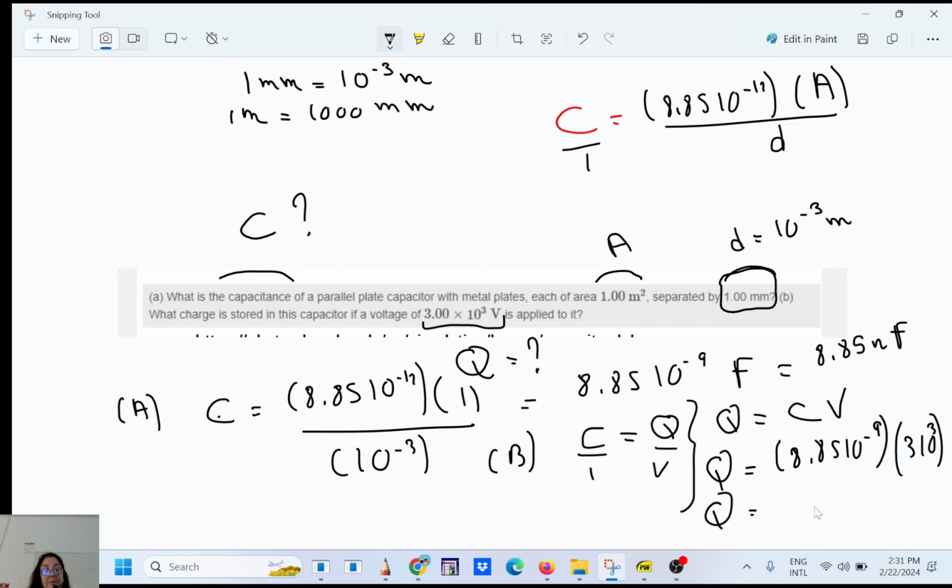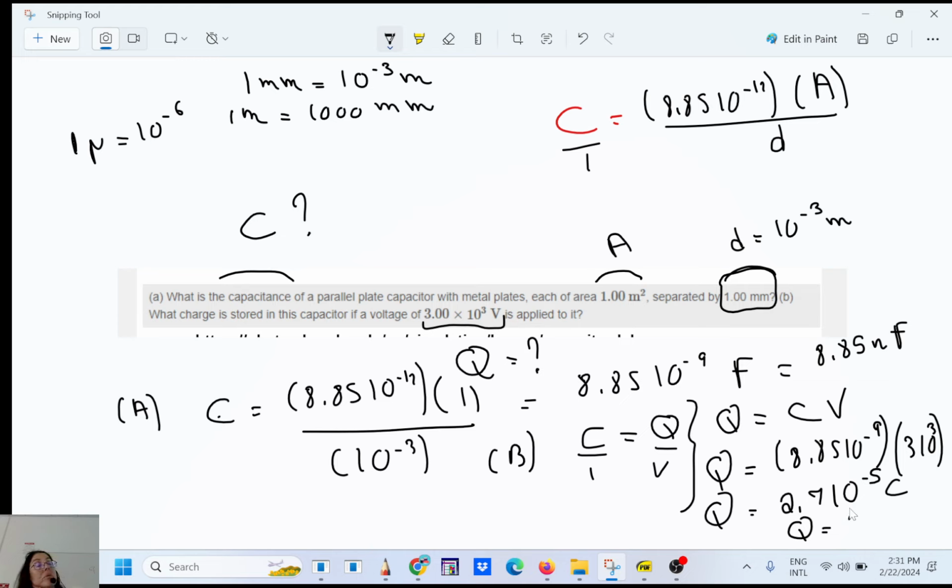So what do you get? Negative 5? Can you convert that to micro? 1 micro is 10 to the negative 6.